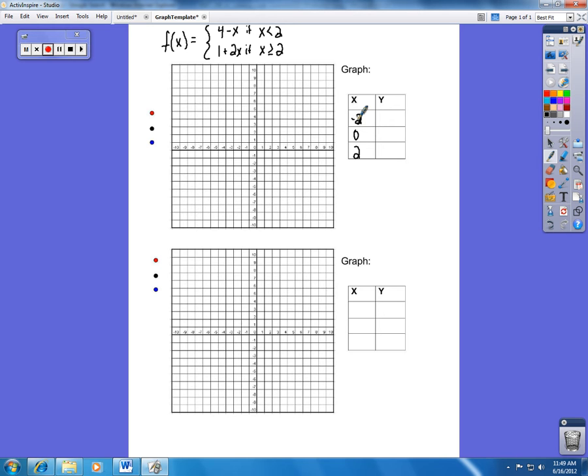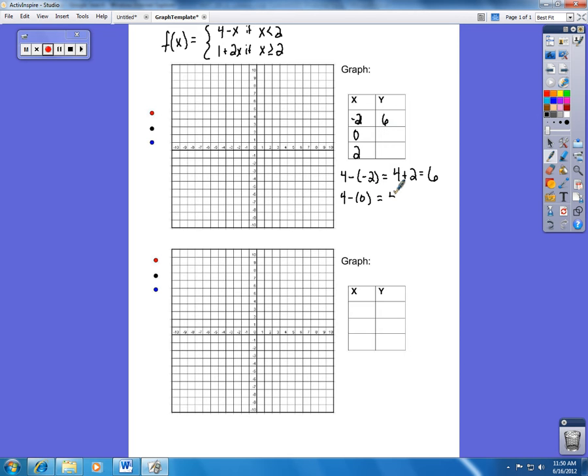So now I'm just going to take these values for x that I've picked and plug them in to my first function here. So I have 4 minus -2, which gives me 4 plus 2, which of course equals 6. So I have a point on this graph at -2, 6. And I do it again for 0, 4 minus 0.